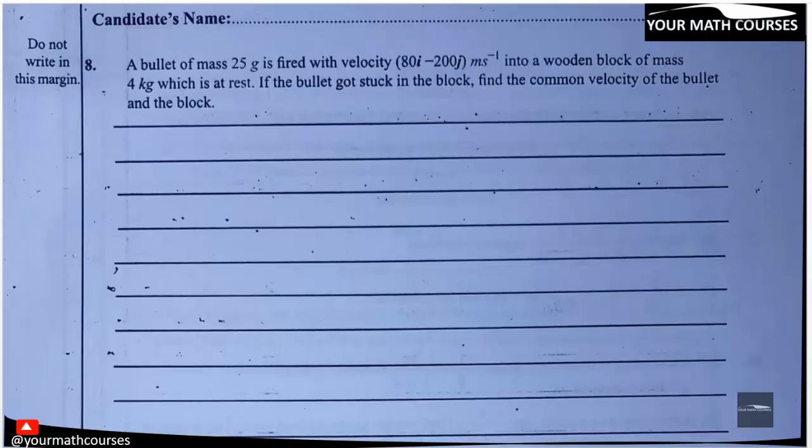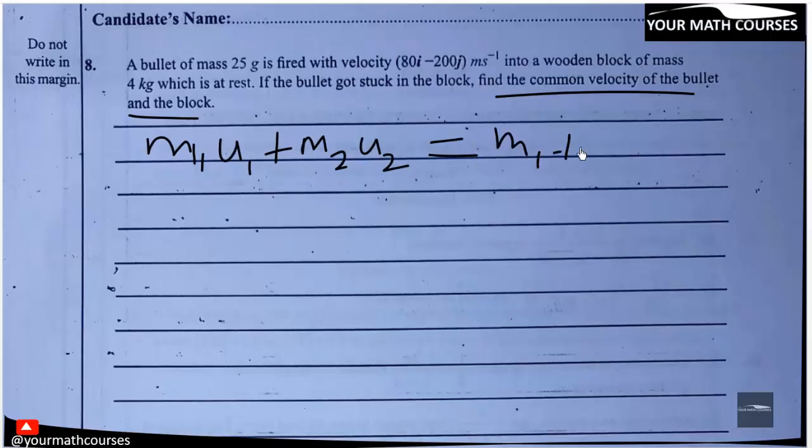So because the bullet got stuck, they will have a common velocity. So we are going to use momentum before collision, m1u1 plus m2u2, is equal to momentum after collision, m1 plus m2 times the common velocity.